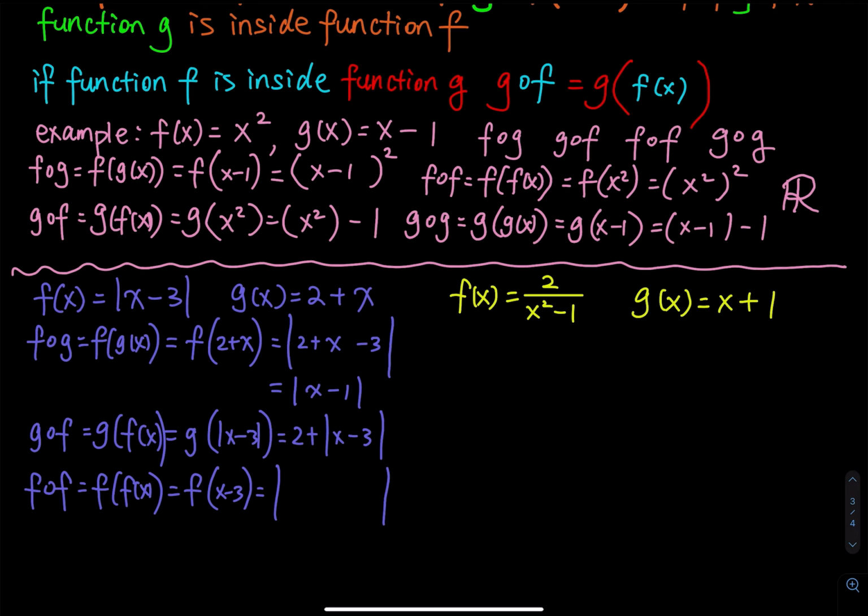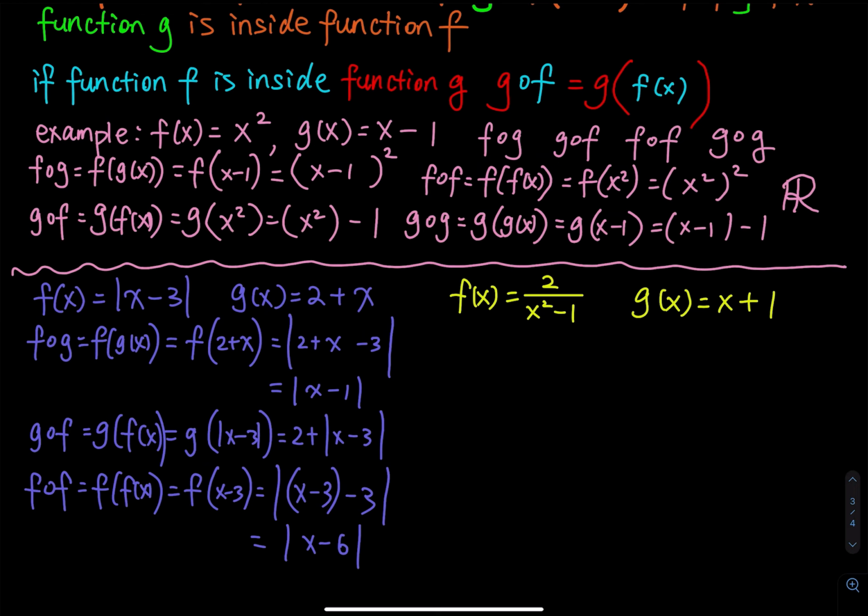For function f, it was x minus 3, but now you change the x to x minus 3. So erase that and replace it with x minus 3. We don't need a parenthesis because that doesn't affect anything, or you can add it for fun. So this is the absolute value of x minus 6.